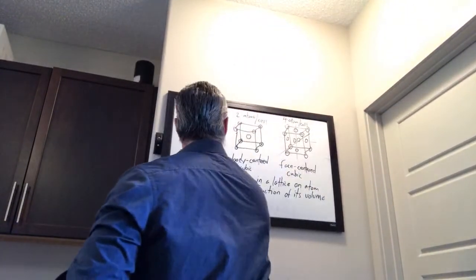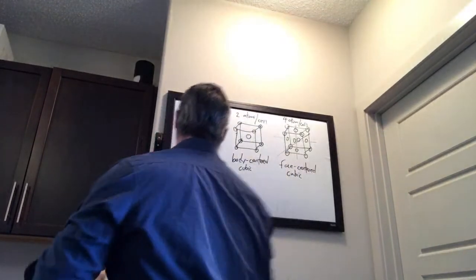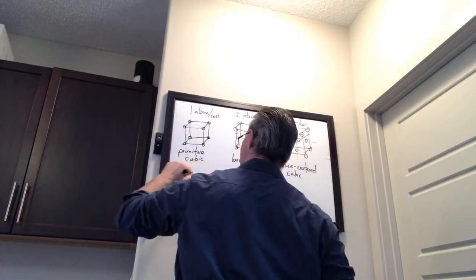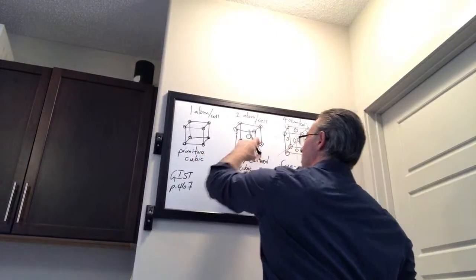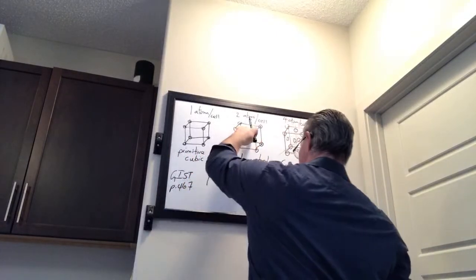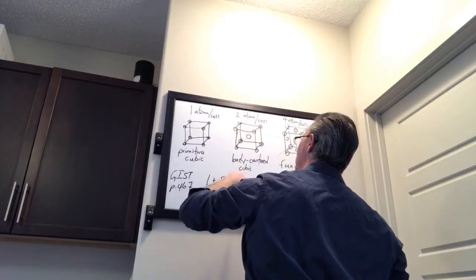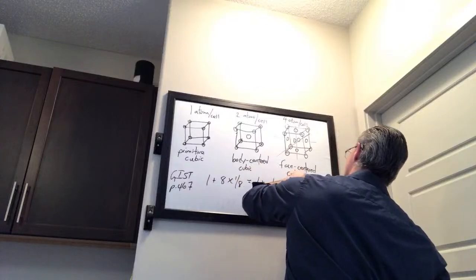I'm not going to erase this part so you can see what I'm doing. So for this unit cell, you have 1 in the center plus 8 times 1/8 of an atom. So the total will be 1 plus 1, total 2 atoms in the unit cell.